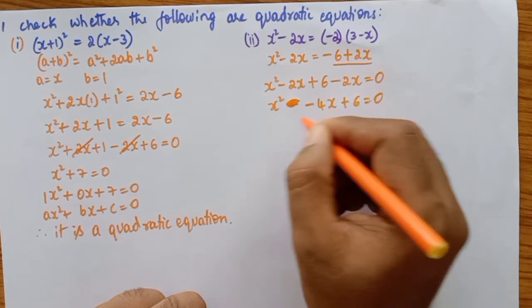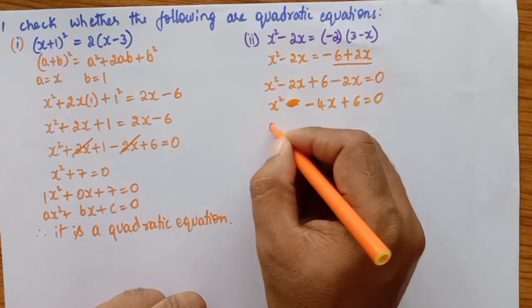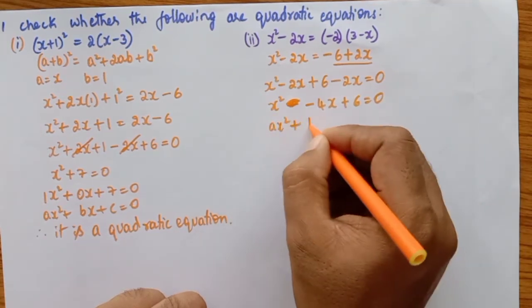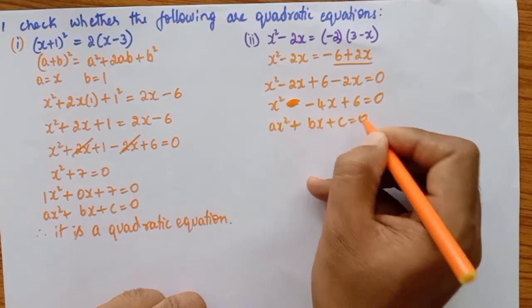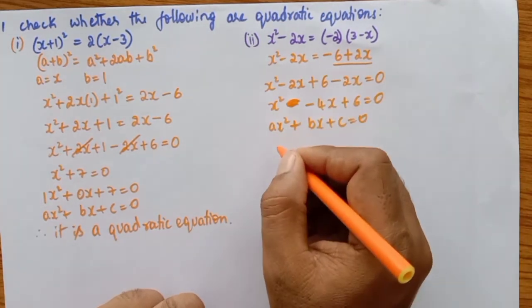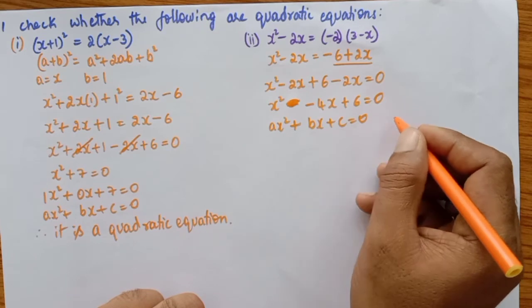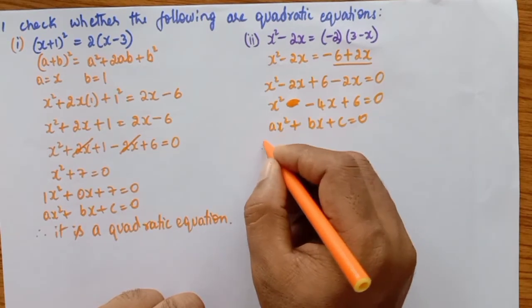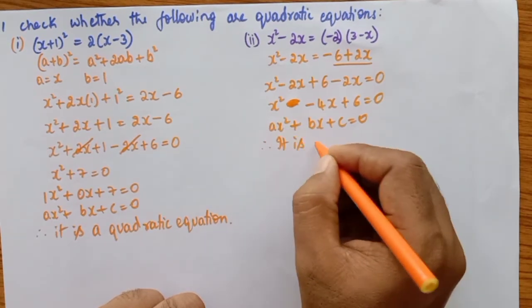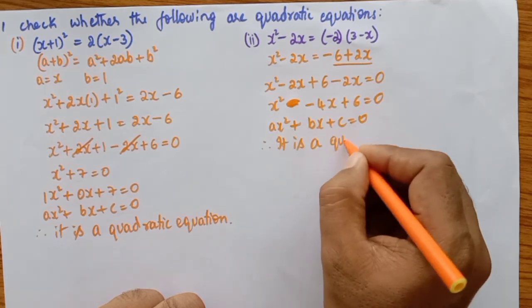Which is of the form ax square plus bx plus c is equal to 0. It is in the standard form. It is a quadratic equation. So therefore it is a quadratic equation.